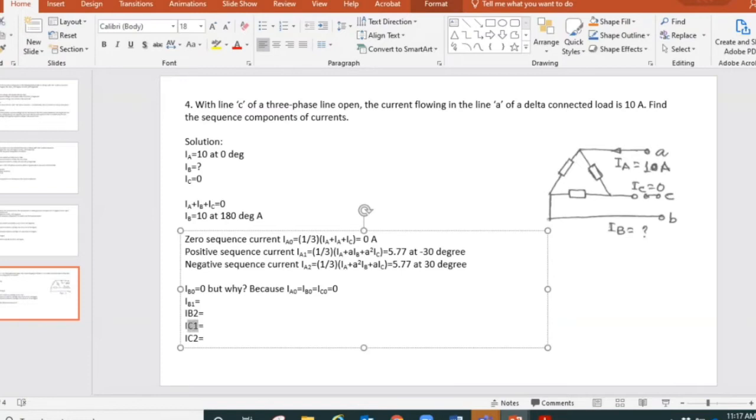So if you can remember how we can calculate IB1, IB2, IC1, IC2, you tell me, otherwise we can go back to somewhere. It's easy, we don't have to memorize. I explained it in the theoretical part that we don't have to memorize it, we can still find it. What should be the formula or the expression for IB1, IB2, IC1 and IC2?